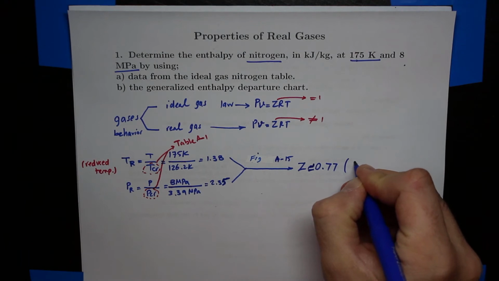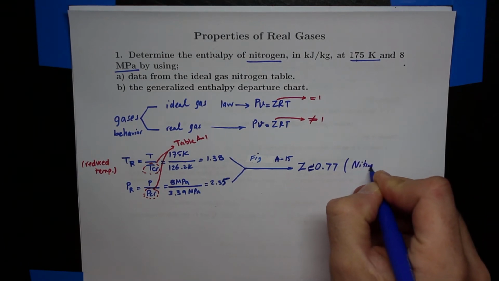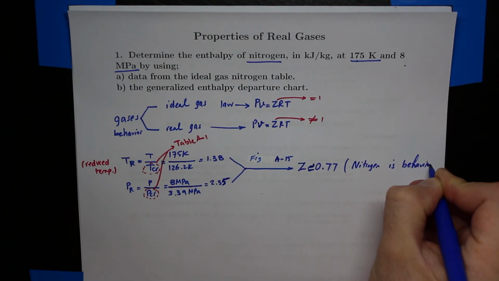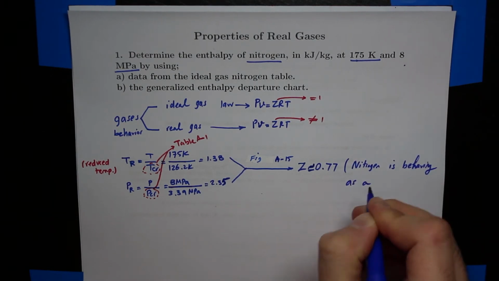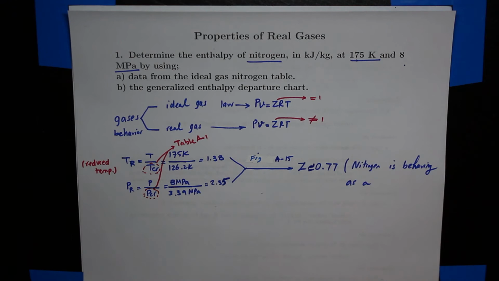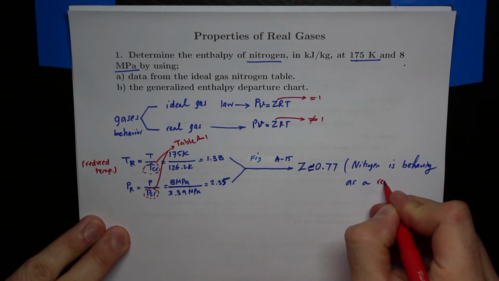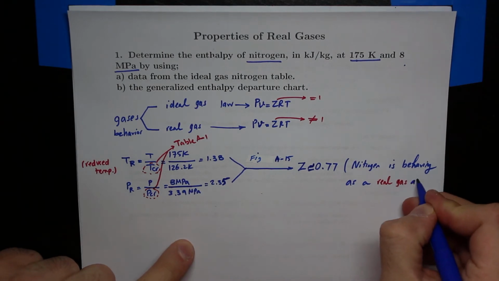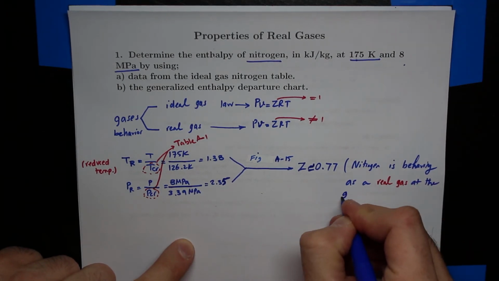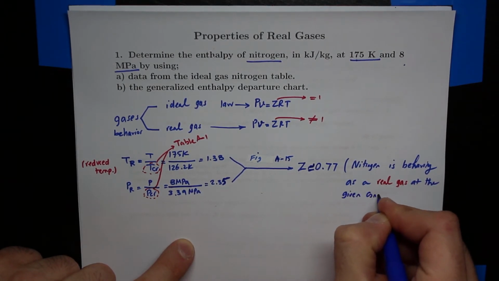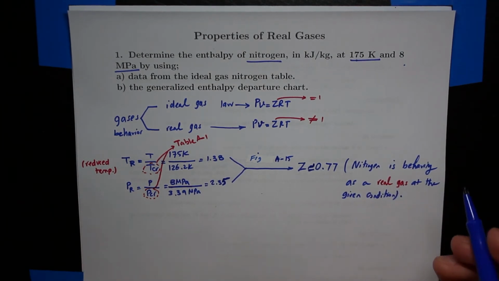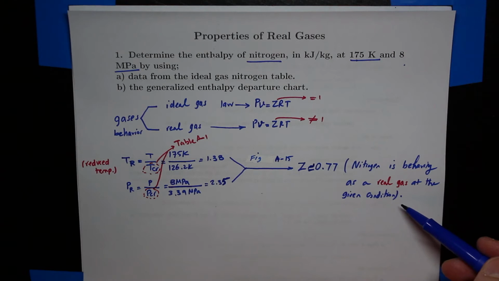So first of all, the conclusion is nitrogen is behaving as a real gas at the given condition. In other words, nitrogen is not behaving as an ideal gas.